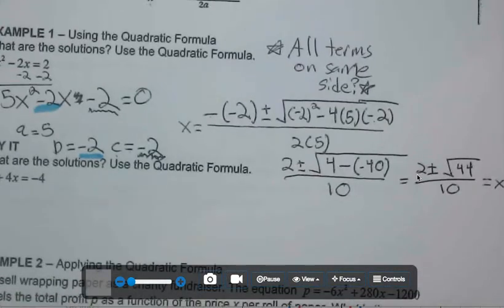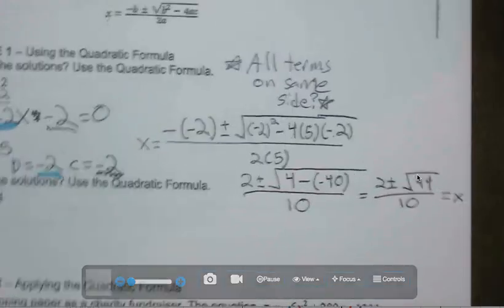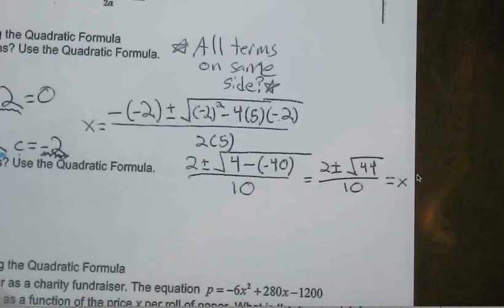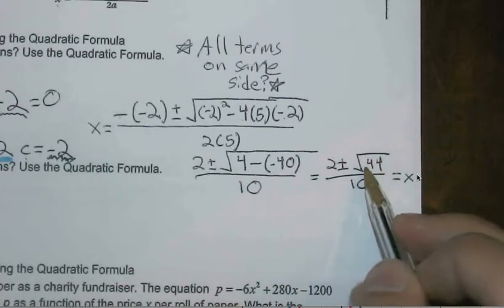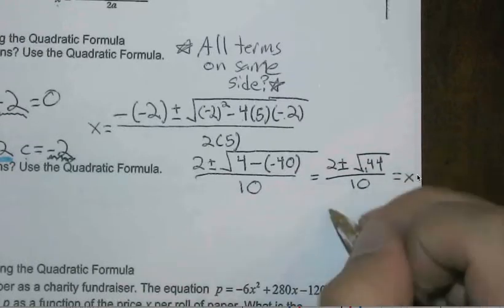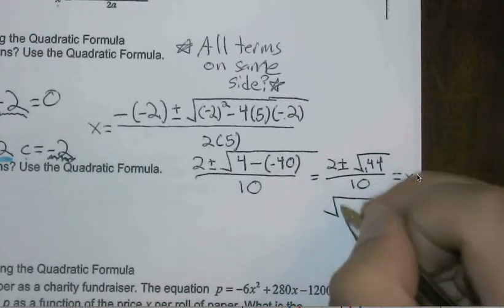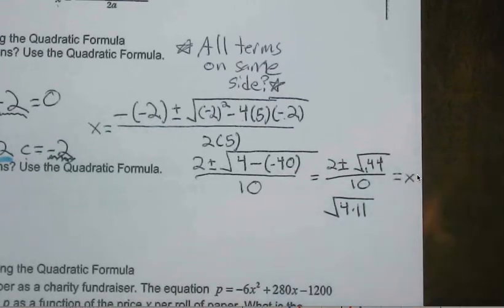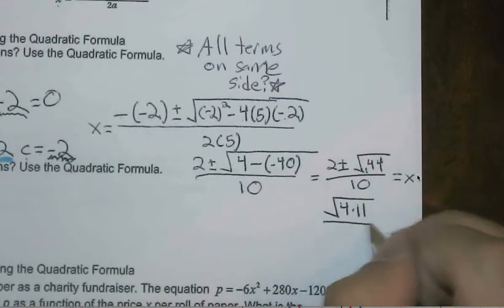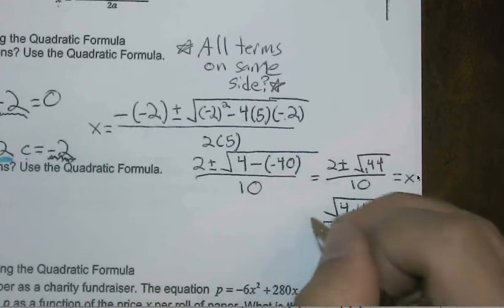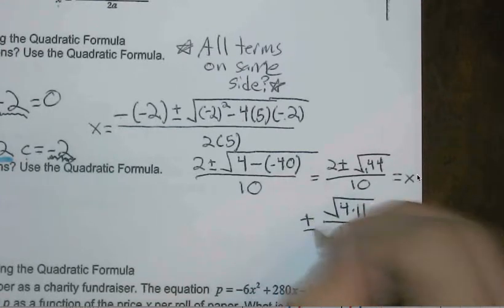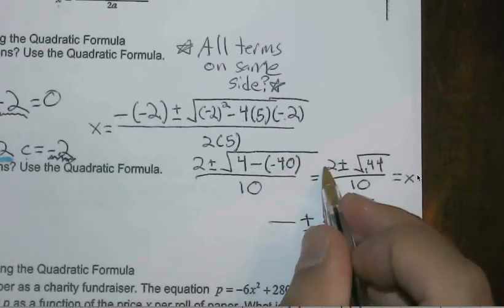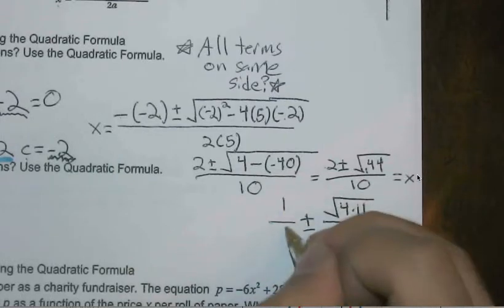The way that we can break this fraction down is a little odd from what we've done previously, but root 44 we can break down because we know that in there 4 and 11 are factors. And again, we'll separate this into two fractions now. So now keeping this separate, we'll rewrite 2 over 10 as just 1/5.